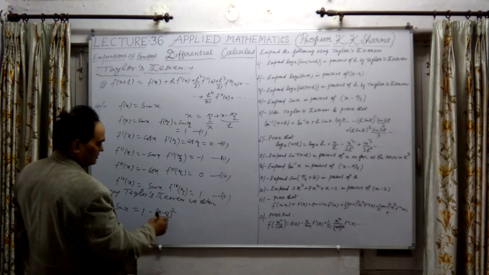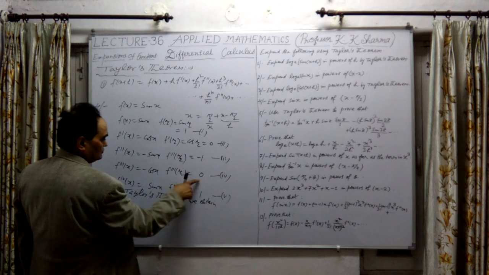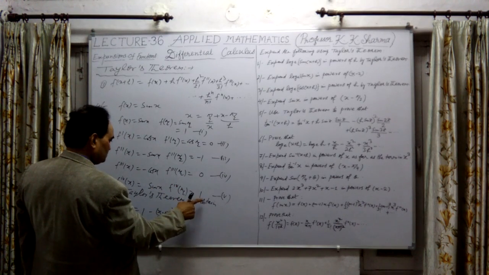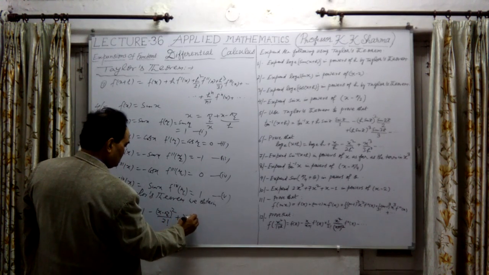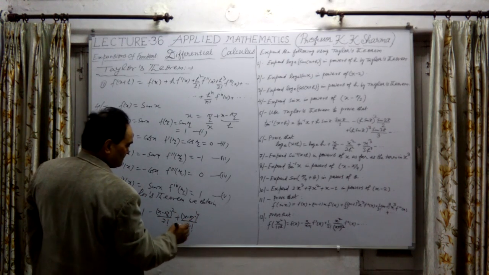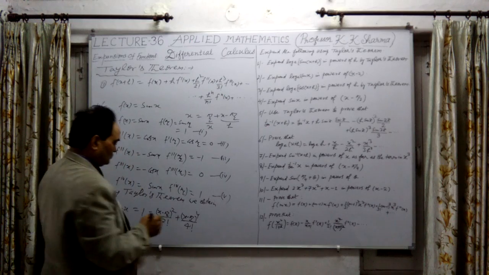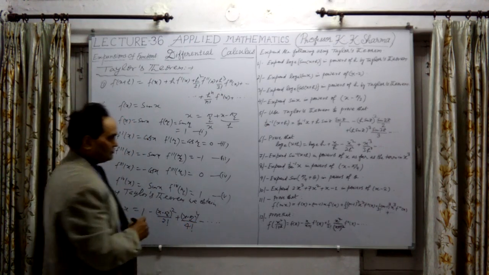And again the triple dash is 0. The fourth term will be positive 1, this is f fourth, plus x minus pi by 2 whole 4 upon factorial 4. This is positive 1, only this value, and so on, with the minus sign and so on.